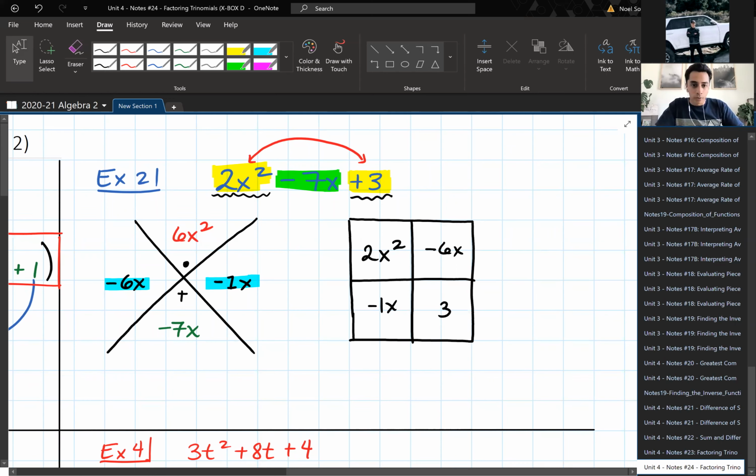Okay. So we've created the box, and what we're going to do now is we're going to look to factor across the row and across the column, looking for a GCF. All right, so we're going to look for a GCF across the first row. So if I look across that first row, 2x squared minus 6x, what's the GCF of those two terms?